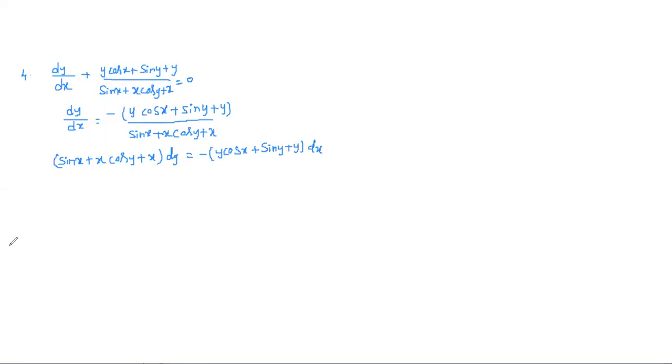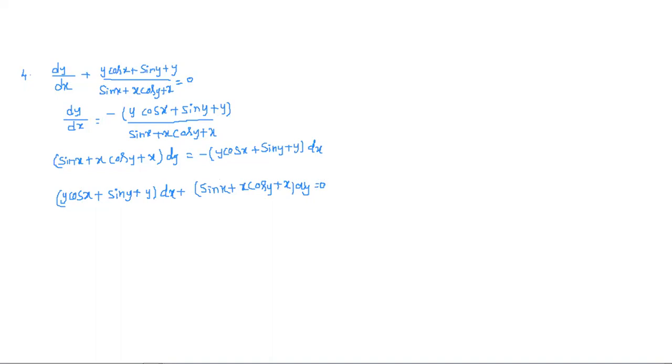Now take all the terms to one side. Why? Because we require M dx. So we can write (y cos x plus sin y plus y) dx plus (sin x plus x cos y plus x) dy is equal to 0.